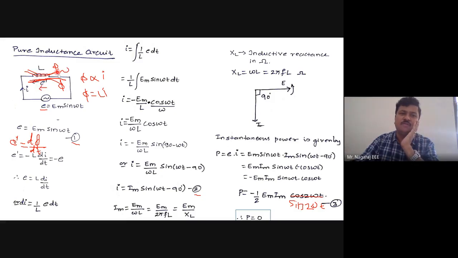The flux we are saying exists is nothing but the result of this power flow. So surrounding the pure inductor, all the power given by the source is stored in the form of electromagnetic energy or electromagnetic field. Hence this inductance is an energy storage device.